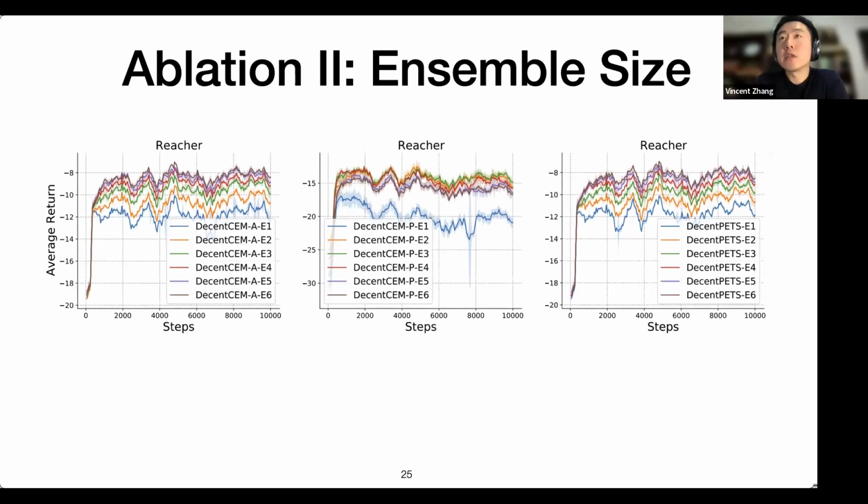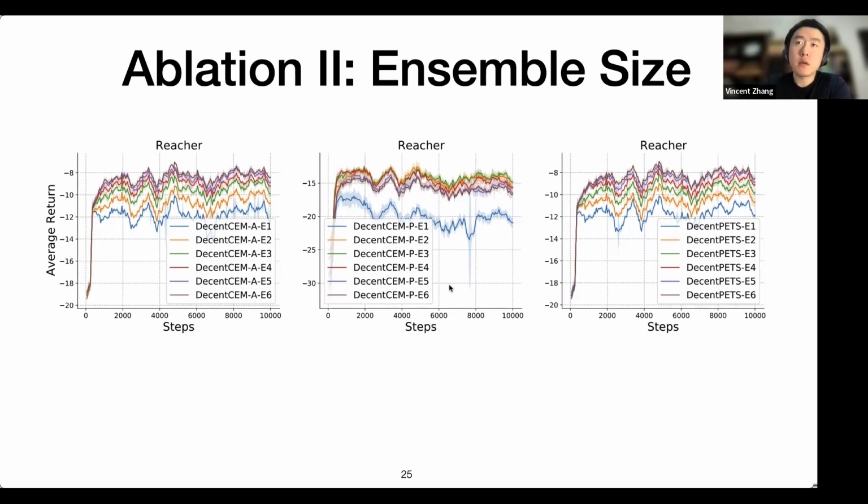And the second ablation is on the ensemble size. So we'd like to understand how we can best set the ensemble size. What we did is take the richer environment, increase the ensemble size, and check the performance.